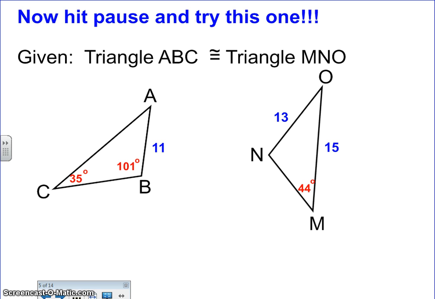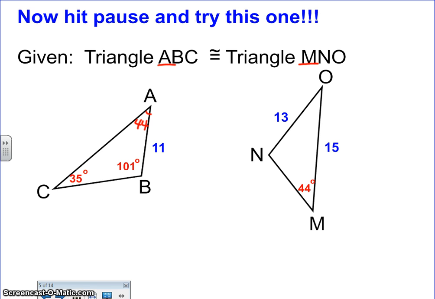Okay, we're back, and we're going to match up corresponding parts between these two congruent triangles. We'll do the angles first and fill all those in. All right, so A matches M. If I know one of those two, then I know the other. I don't know what A is right here, so I'll look over here. M is 44 degrees, so I'll put a little 44 right there.